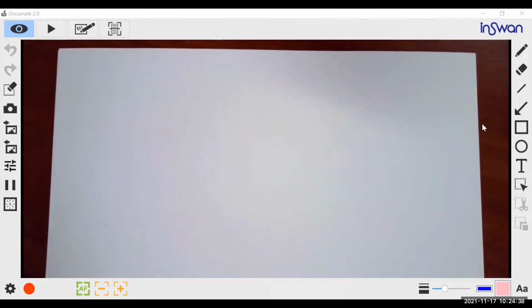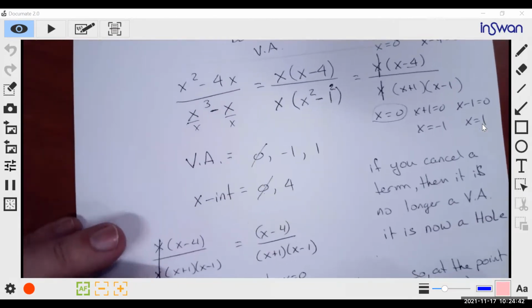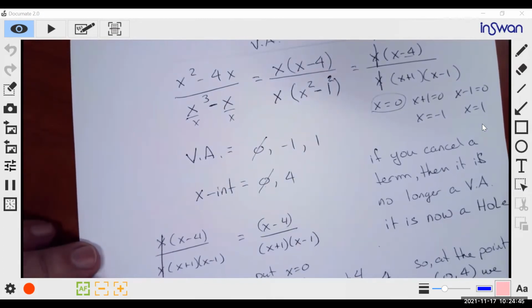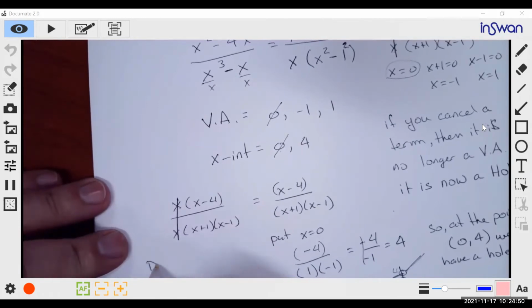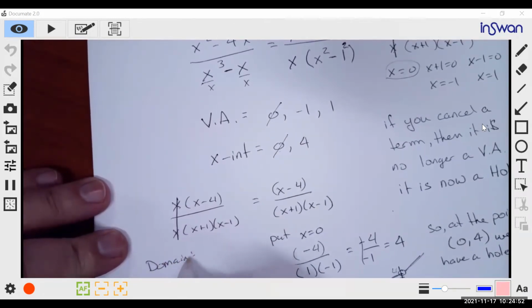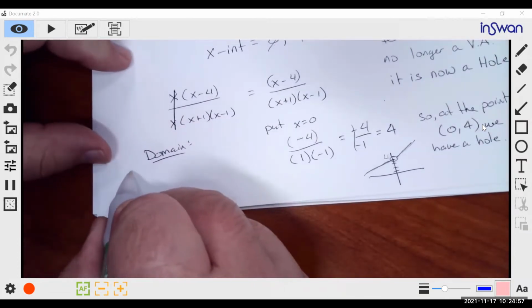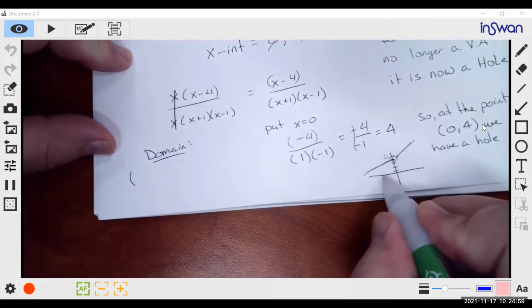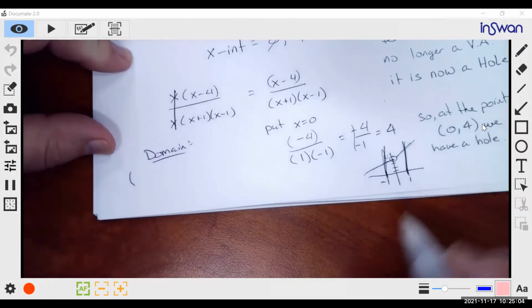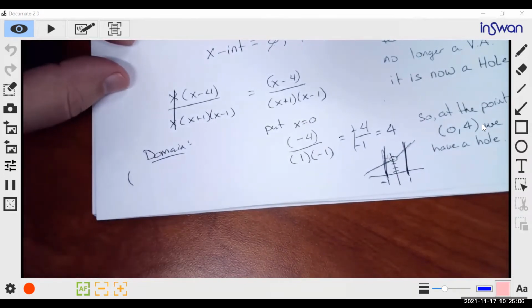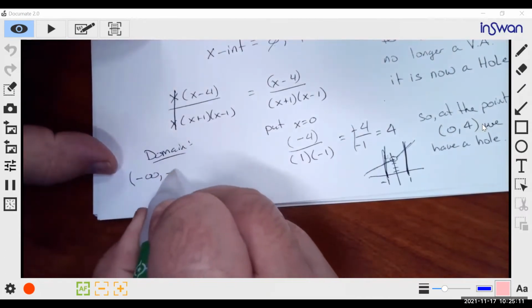Good question. Very good question. No, you can't use a bracket because you can't use that 0. I'm glad you asked. The domain of this one was at -1 and +1, I can't use those. So I go from -infinity to -1.